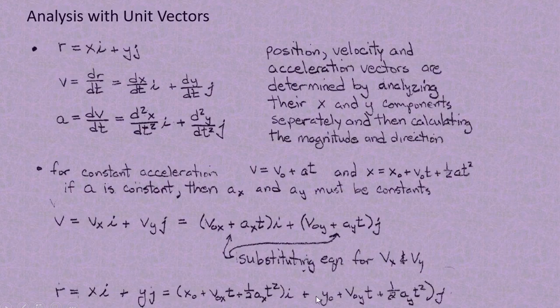Notice I'm missing the parentheses here, but this quantity in parentheses is multiplied by j. So now we have expressions for our different unit vectors in terms of a. Now note, they're only valid when we have constant acceleration.